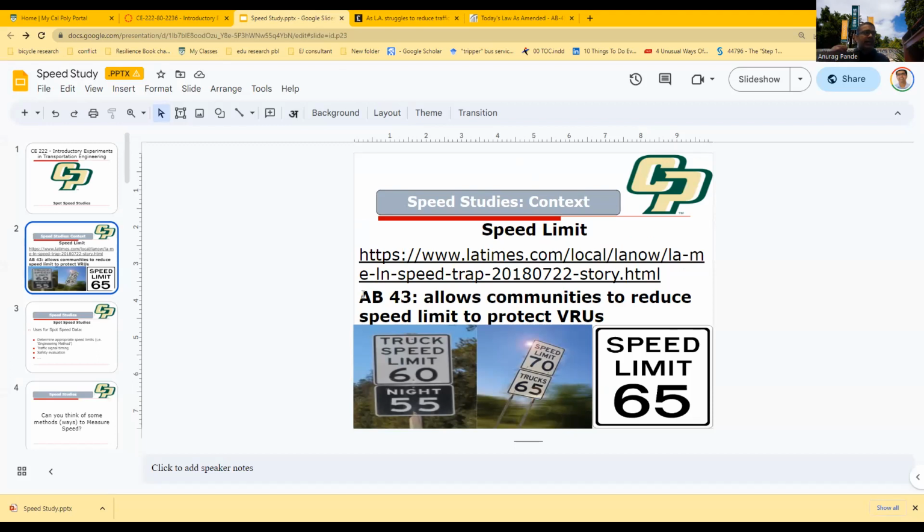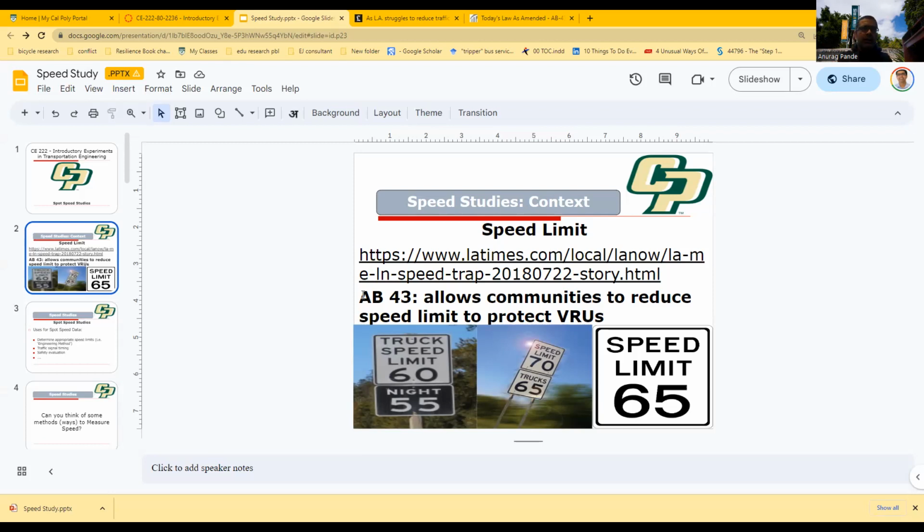So if you're seeing fatalities for those road users, communities and the state DOT can set the speed limit lower on streets where you expect those types of road users. So the law is now giving more flexibility for communities to reduce the speed limit to a lower level than the prevailing speeds, which I think is a welcome development.